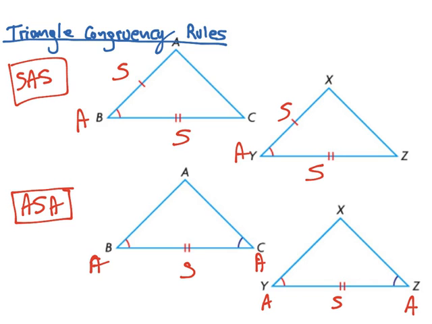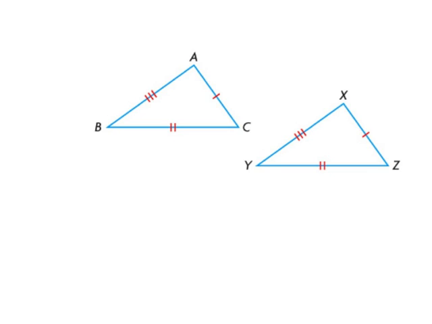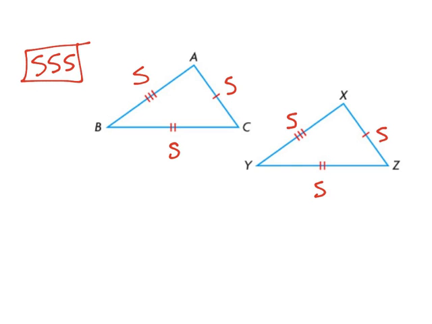One more rule is whenever we have side, side, side, we also will have a congruency. All that means is that you cannot draw a different triangle. What do you mean different triangle? That means all the sides and all the angles are corresponding.